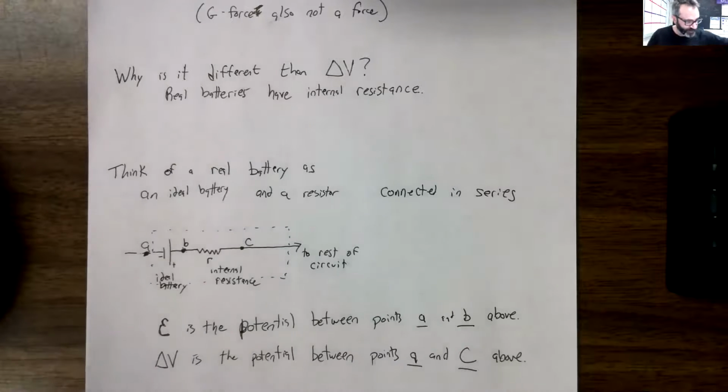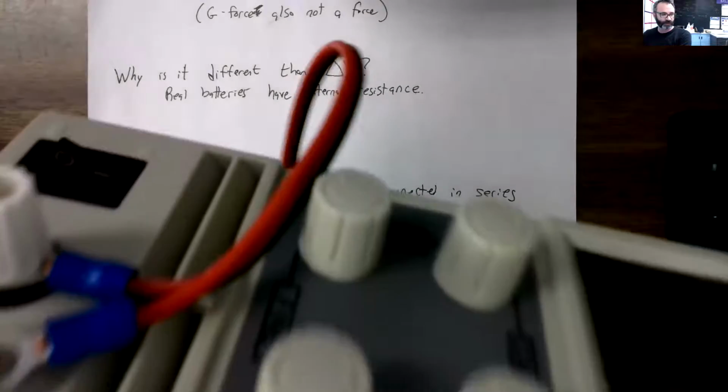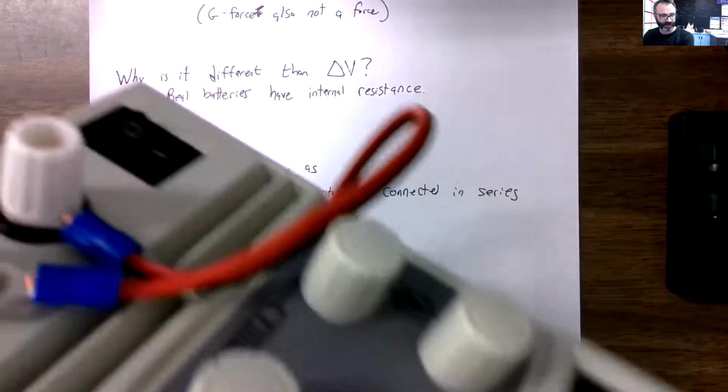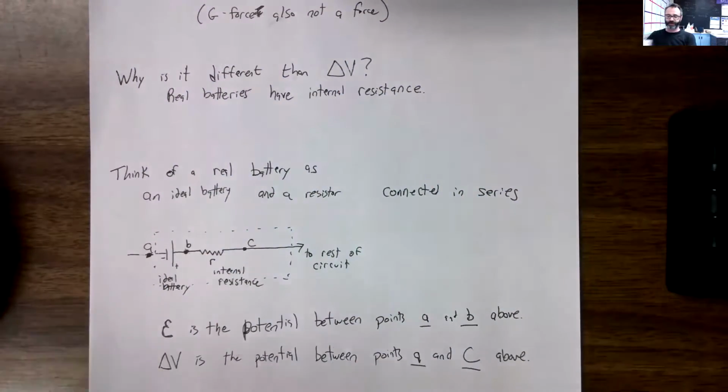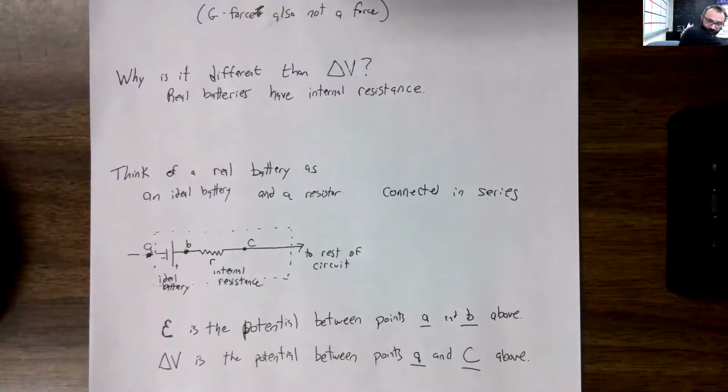Back to the lecture. We're almost done. The only other thing to note is that when you're building a circuit in the classroom here, we're going to be using a regulated power supply. This is not a great image of it. We turn these knobs and can have it output whatever voltage we want.